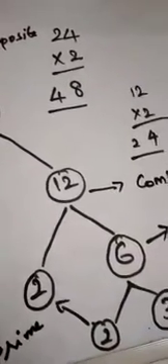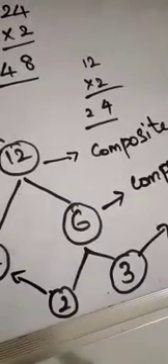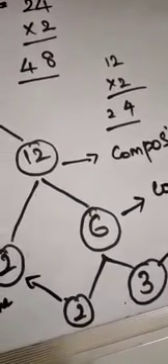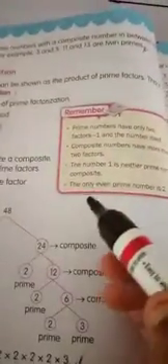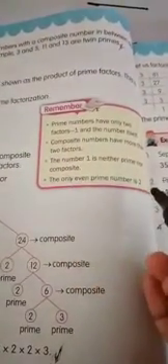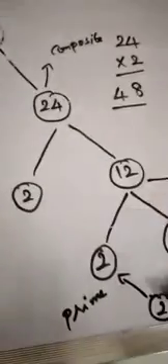Here I am saying 2 is also a prime. Why am I saying 2 is also a prime? Because in the remember box, the only even prime number is 2. Yes or no? Yes.